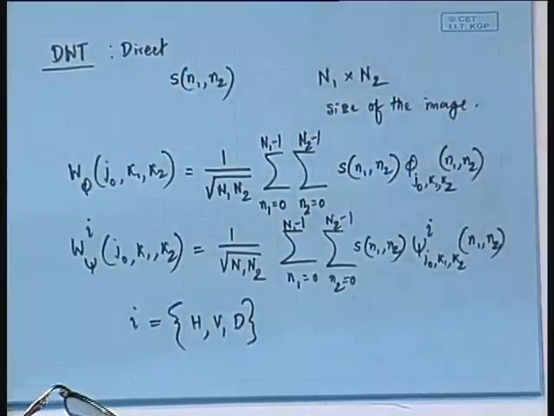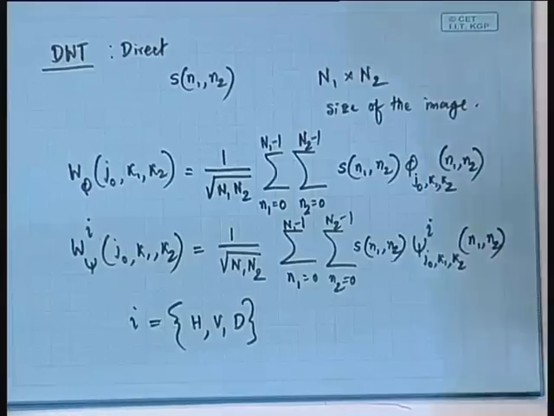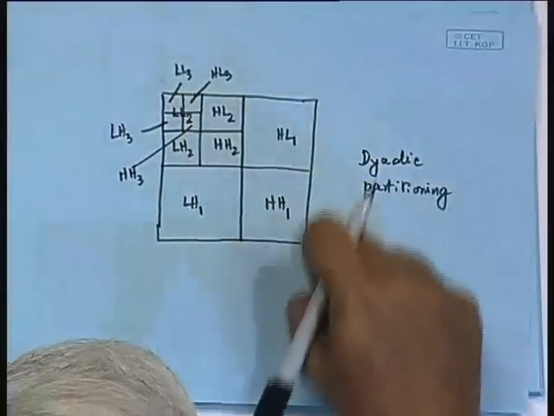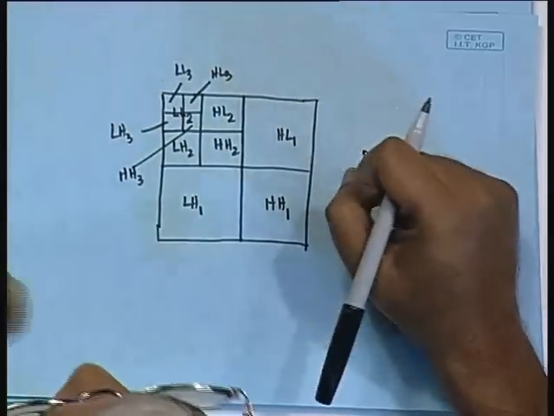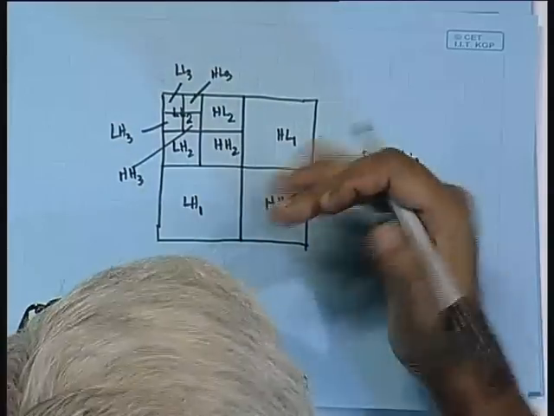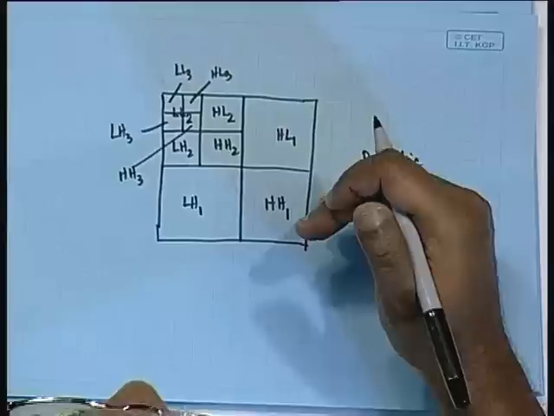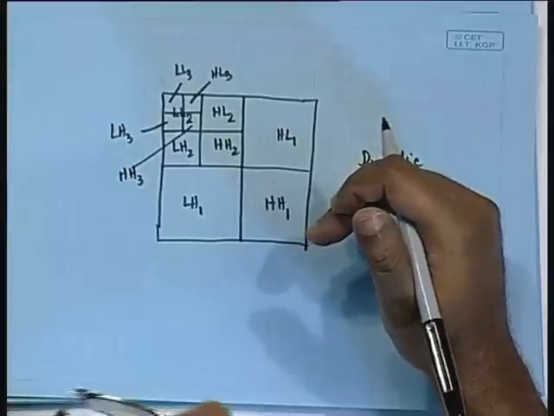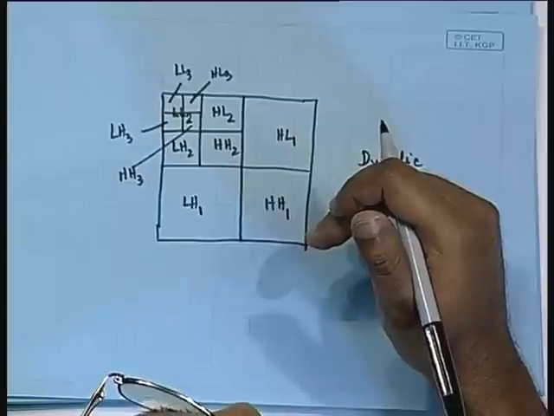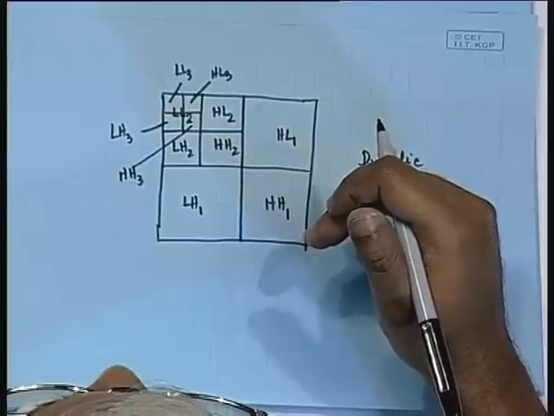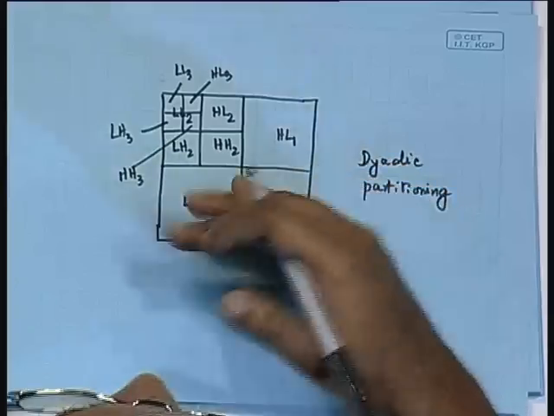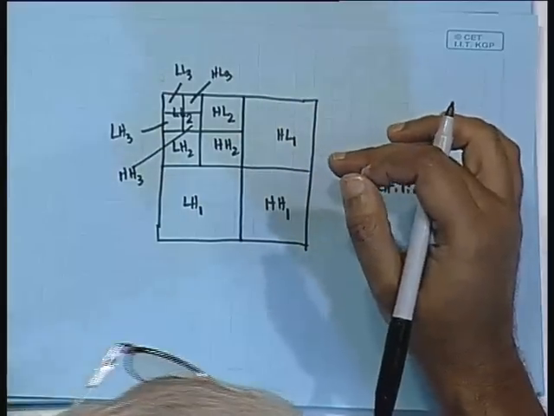What I mean to say is that if somebody supplies to me this kind of a subband picture, that means to say that somebody has provided the individual subband filtered images after application of the scaling and the wavelet filters along the rows and the columns, I should be able to get back the image from there.